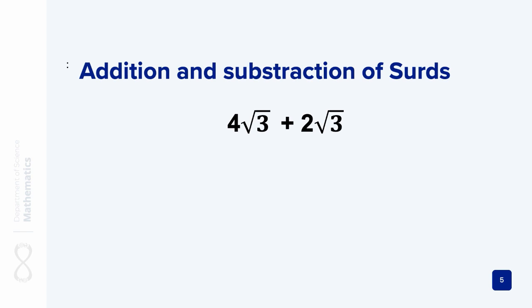We'll first look at this example where we have 4 root 3 plus 2 root 3. Now, as you can see, both the numbers under the root sign are the same, which is 3.